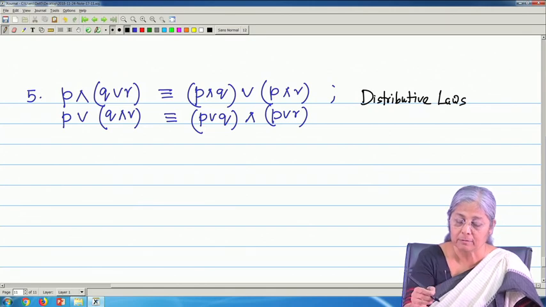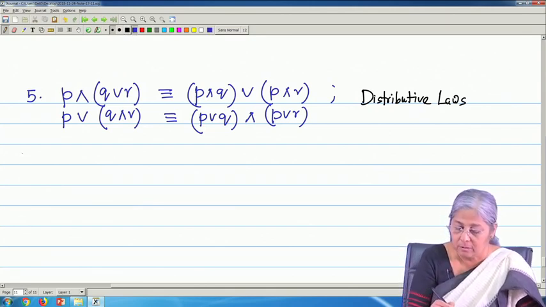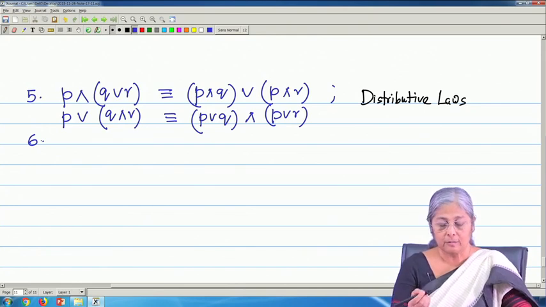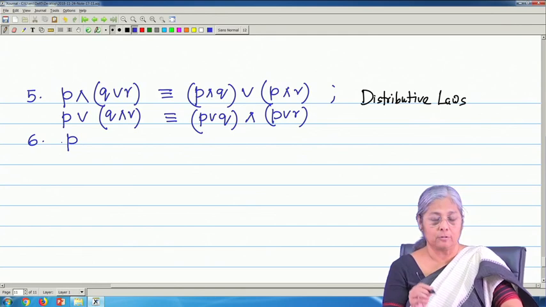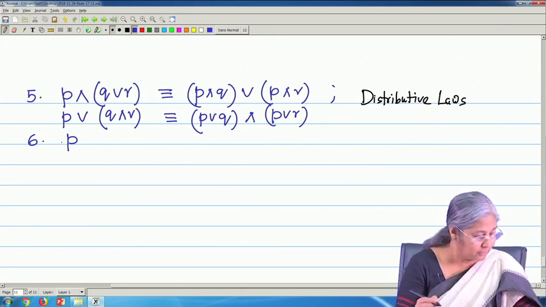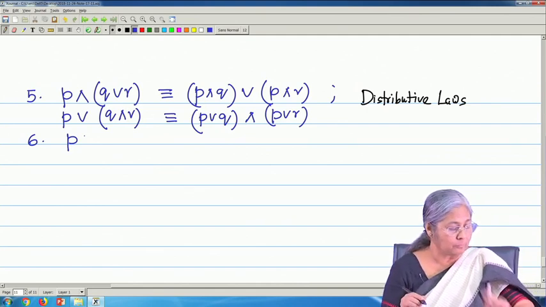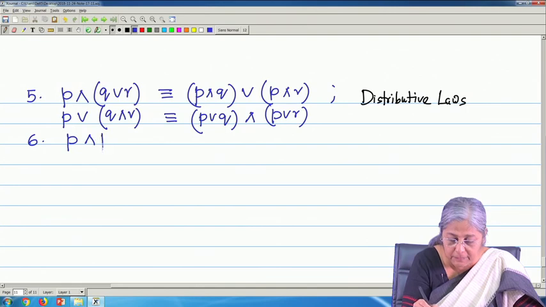Now, there are some more basic laws that we tell. One is, if I take P in conjunction with P itself, that means P and P, then it is P only.